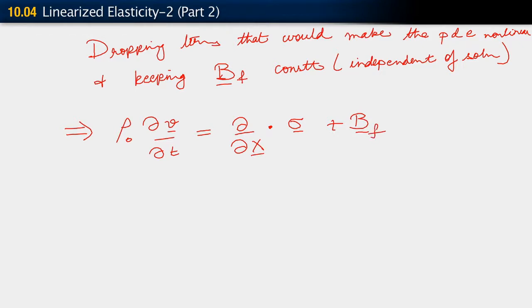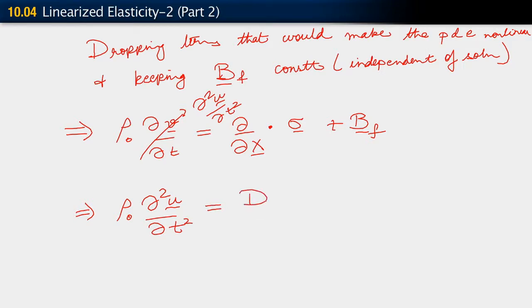Which, recognizing that this now is just the second derivative of u with respect to t, gives us rho 0 times the second time derivative of u equals the reference divergence of sigma plus bf.